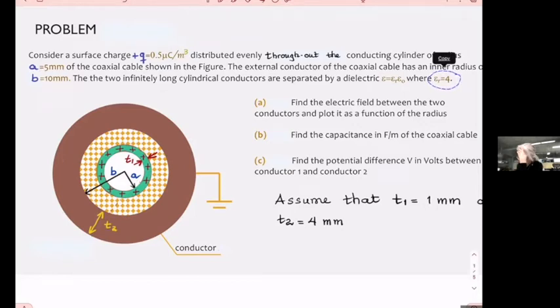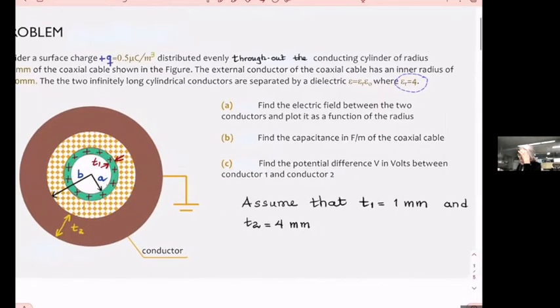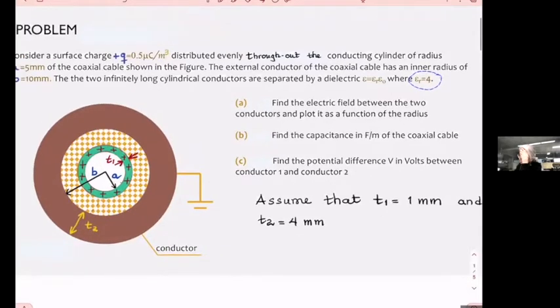And then I give you A, which is the internal radius of the inner conductor, and B, which is the internal radius of the outer conductor. I give you T2, which in this particular case is the outer conductor and is grounded. Then what I'm asking is to find the electric field between these two conductors.